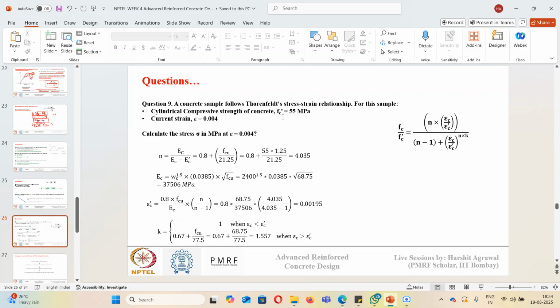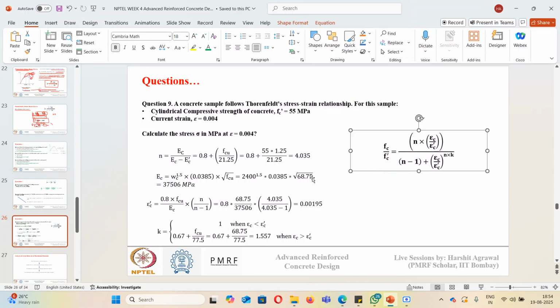We only need to know the strength of concrete and the strain at which I need to calculate the stress. Now we know all the values, so we'll just substitute them in this equation.